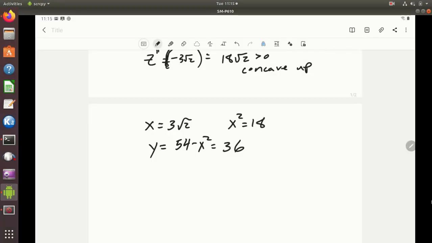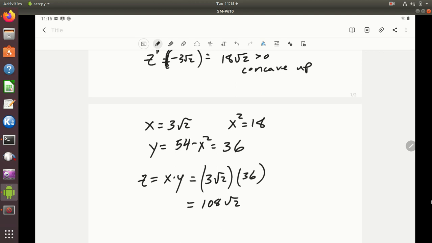And then the product, z equals x times y, is 3 times square root of 2, all times 36. Well, 36 times 3 is 108, so that's 108 times the square root of 2.